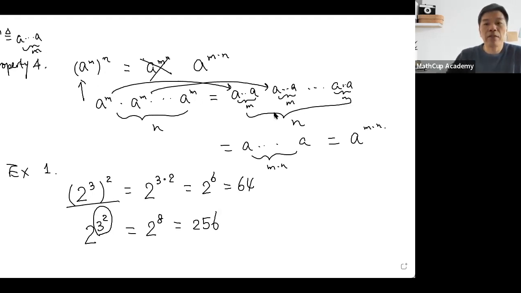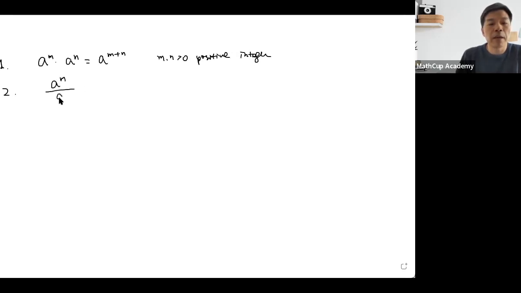So in here, we have 4 properties. I'm going to just put them together so we can review them yet another time. Property 1: a to the power m times a to the power n equals a to the power m plus n, for both m and n positive integers. Property 2: a to the power m divided by a to the power n equals a to the power m minus n.